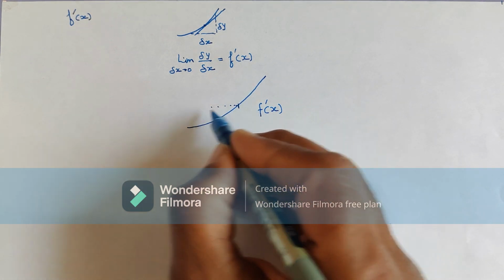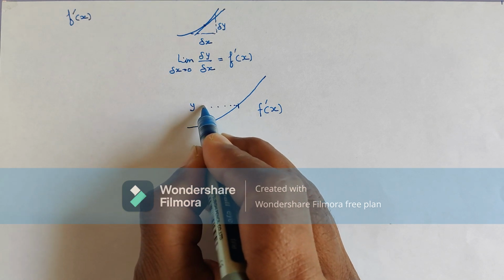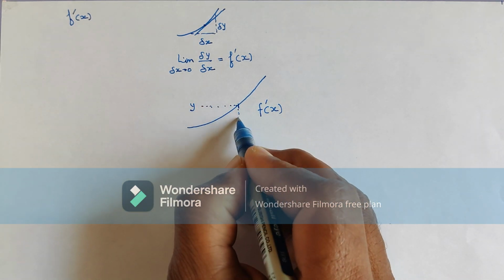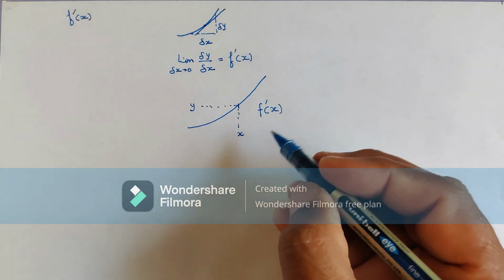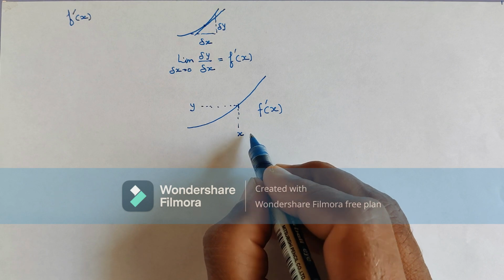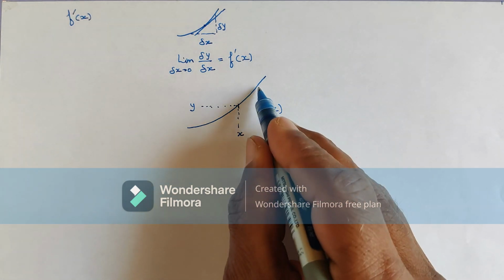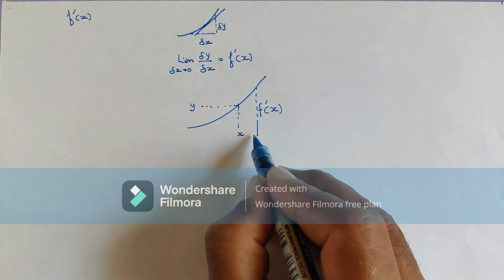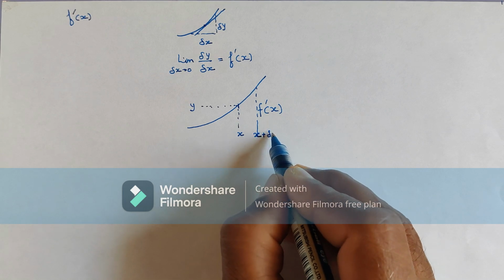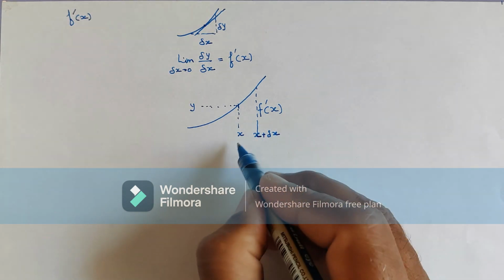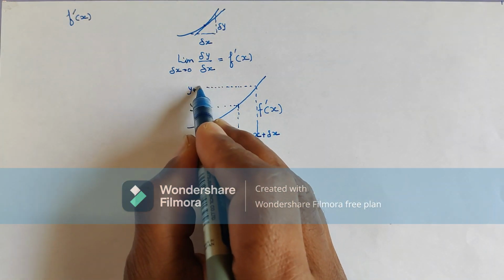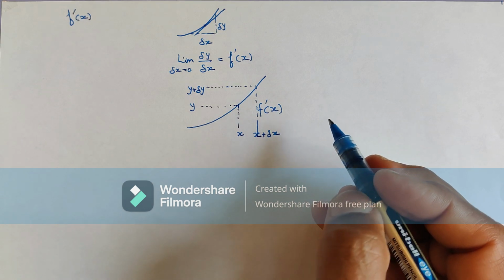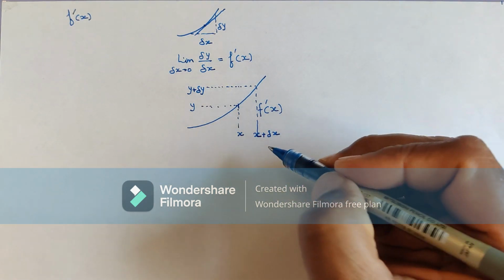That means I know the value of y at this specific point, and I know f dash x, and I want to find out an approximate value of the function for another point, which is delta x ahead of the first point. At x plus delta x, I want to find out what is y plus delta y, or in other words, I want to find out delta y given delta x.